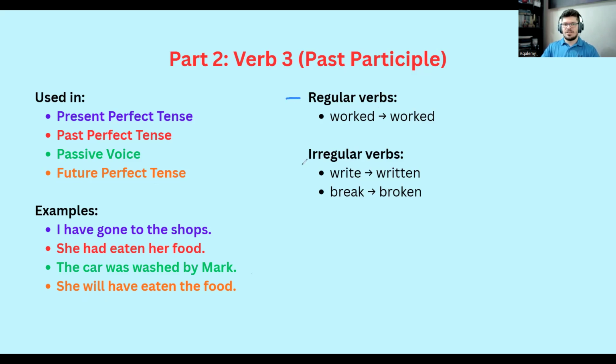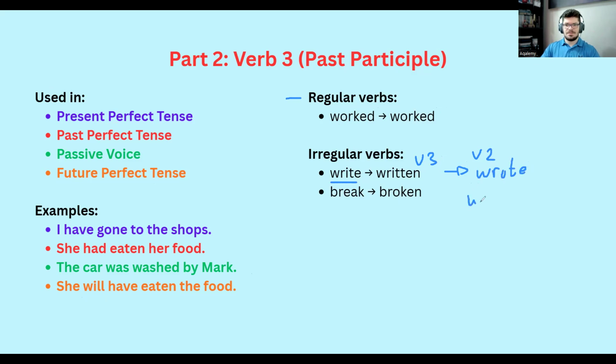Now, with regular verbs, same situation. Some past tense verbs can be past participles, so be very careful. Let's look at the word write. Write is verb 1. Written, this is verb 3. If you want verb 2, it will become wrote. Be careful.